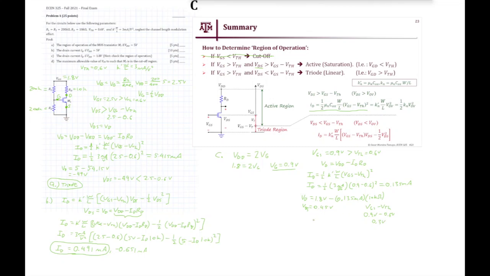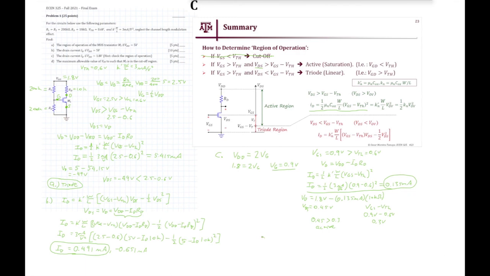And we can see that 0.45, which is our VDS value, is greater than 0.3. And therefore, we are in the active region. However, we are being asked to find the drain current. Luckily for us, we just did that calculation right here. So our answer to part C is 0.135 milliamps.